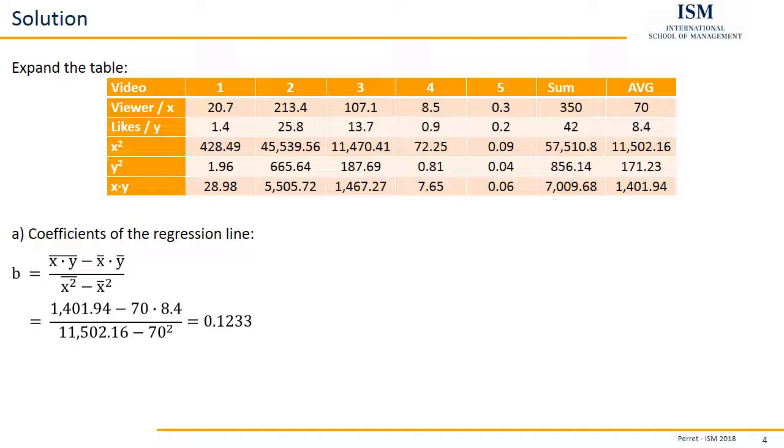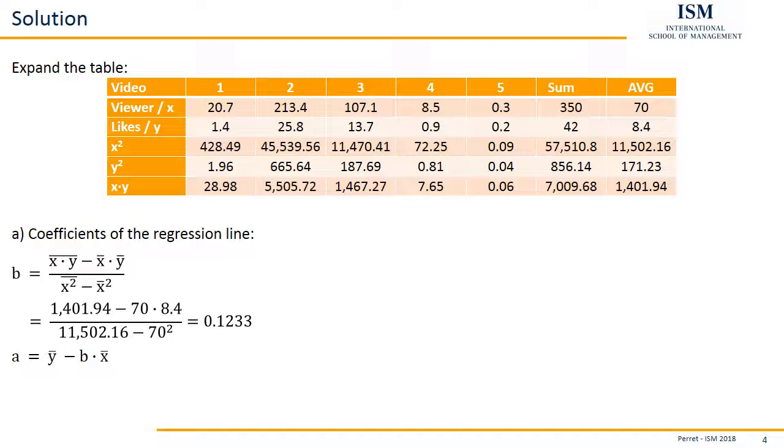Well, we said that the viewers were in 10,000, the likes were in thousands. So for every 10,000 additional viewers, we get roughly 124 additional likes. This coefficient can halfway decently be interpreted.